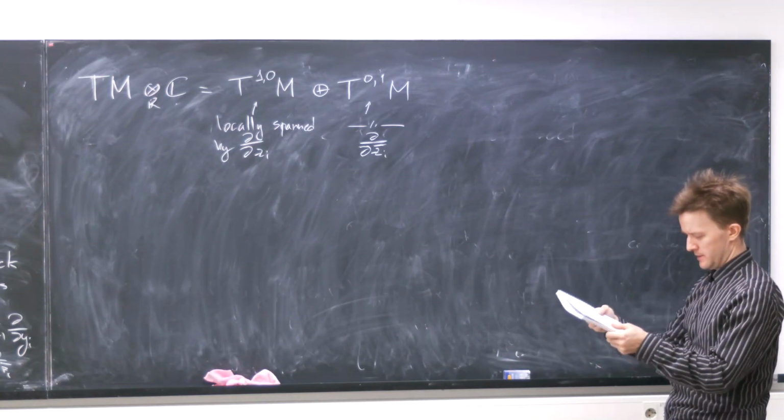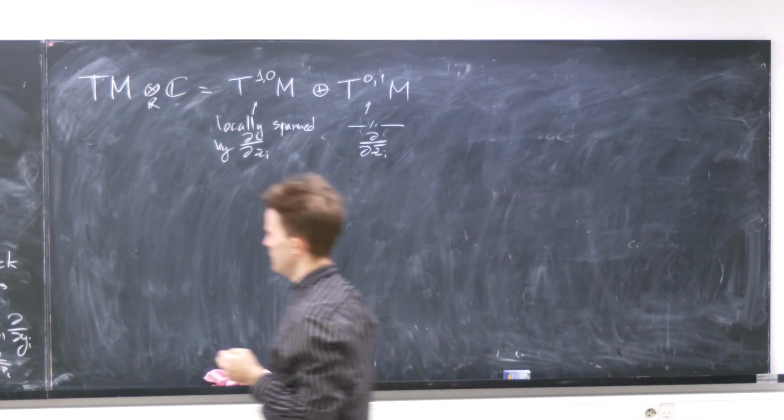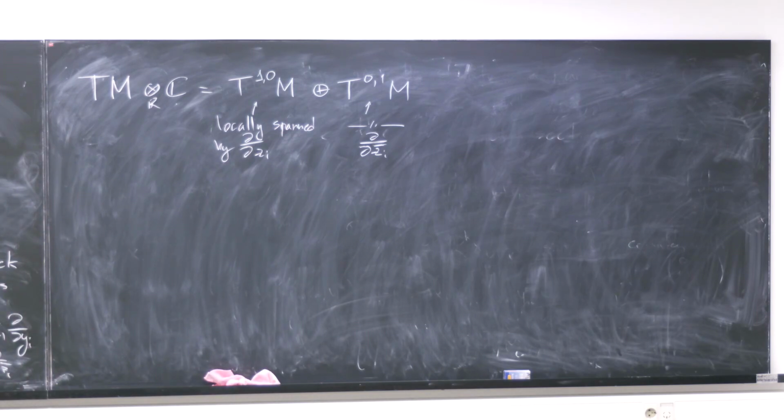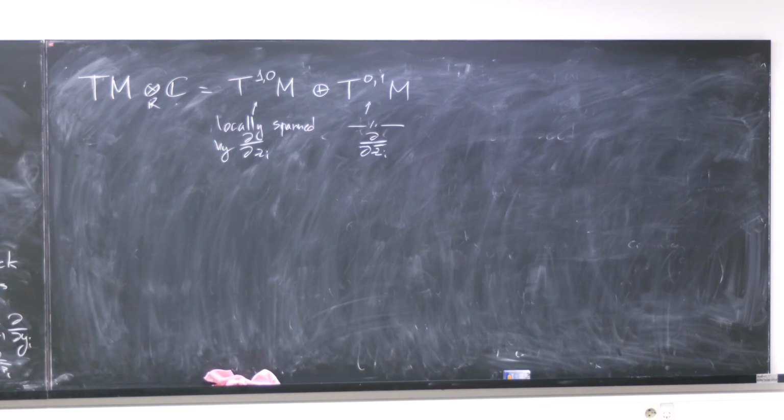And the point is that, the last thing I wanted to say today is that we can actually do the converse. So we can start from some real manifold and consider an operator I like this. And then if this operator satisfies one additional natural condition, then we can conclude that this real manifold carries a complex structure.